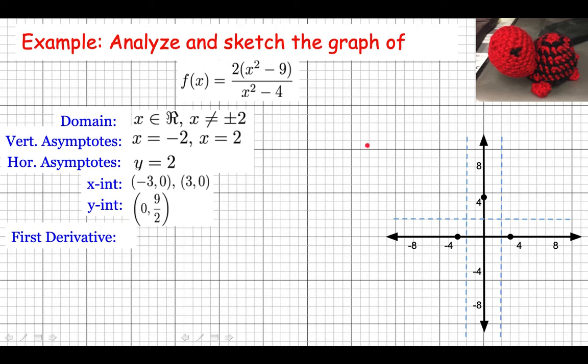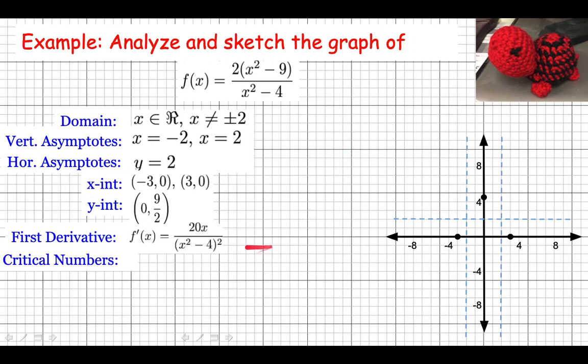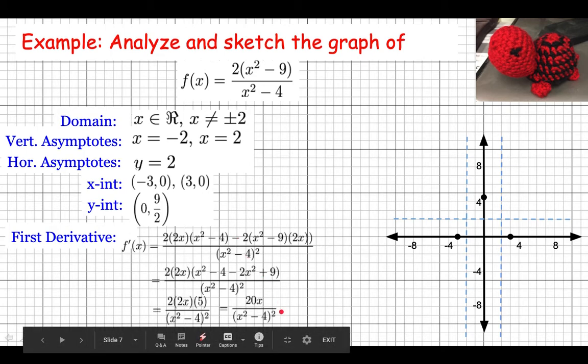Now we go with our derivatives. So first derivative, we're going to have to use the quotient rule on this one. And our first derivative is going to end up being 20x over x squared minus 4 quantity squared.